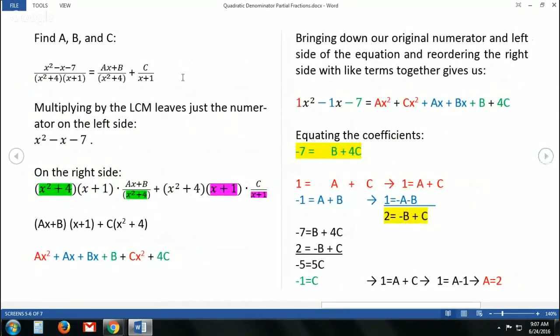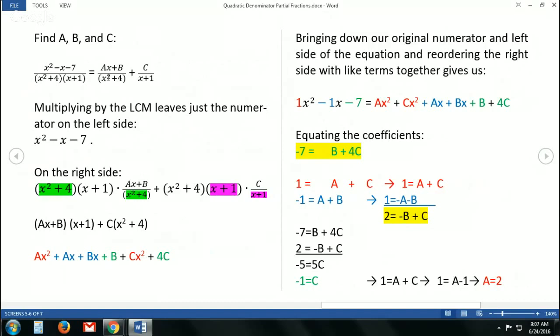For this one, notice that we're only being asked to find A, B, and C, and that the partial fraction decomposition has already been set up for us. Everything is as factored as it can be. You need x squared plus 4 as one denominator and x plus 1 as another denominator, since each of the factors become their own denominators.